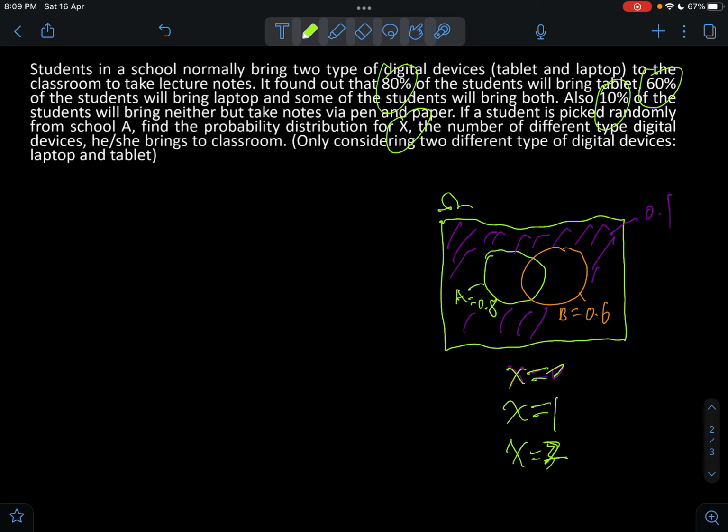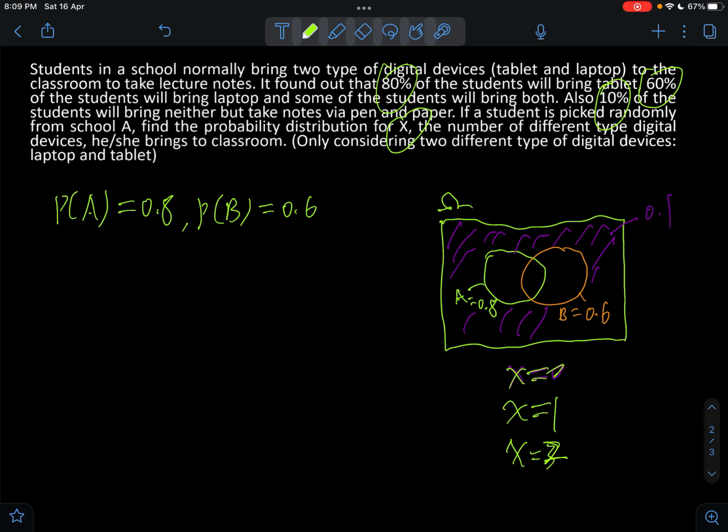So first we know that the probability of A is equal to 0.8. Probability of B is equal to 0.6. And we know that this purple area is 0.1. For this purple area, we can use the complement rule.